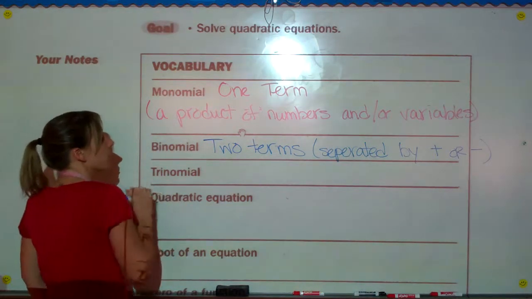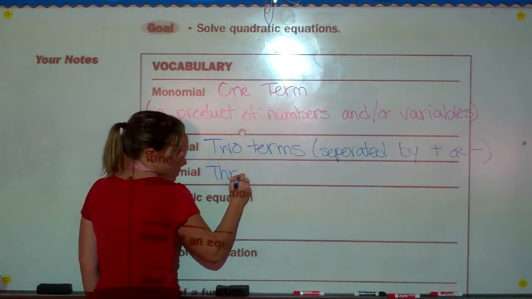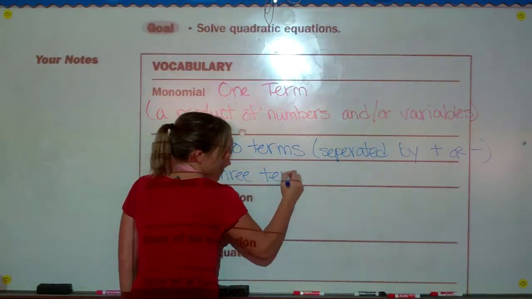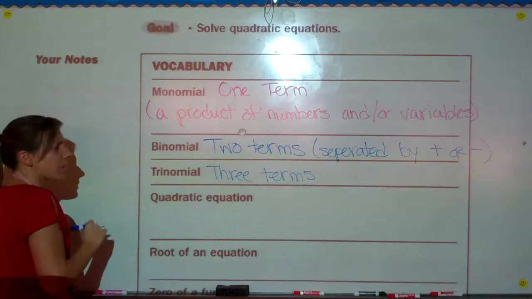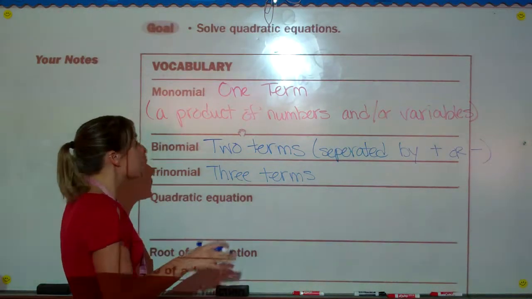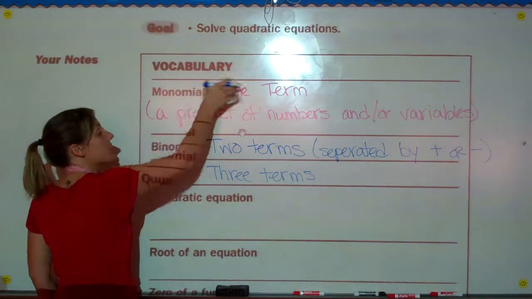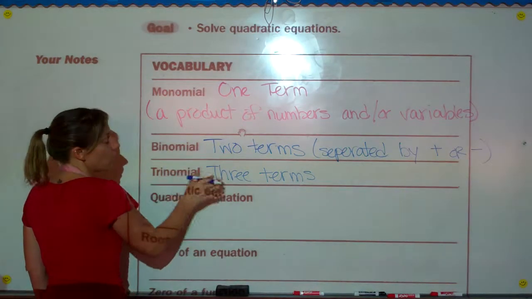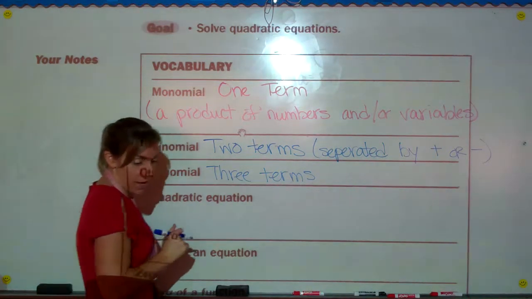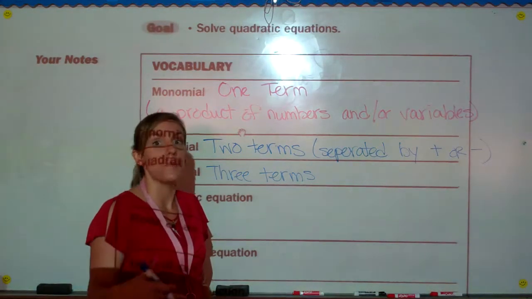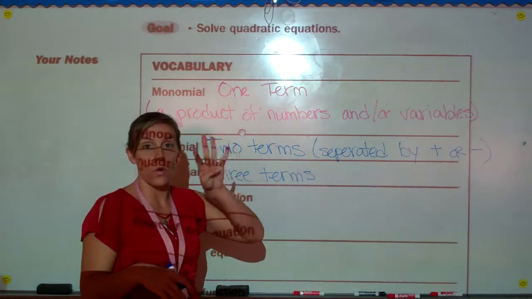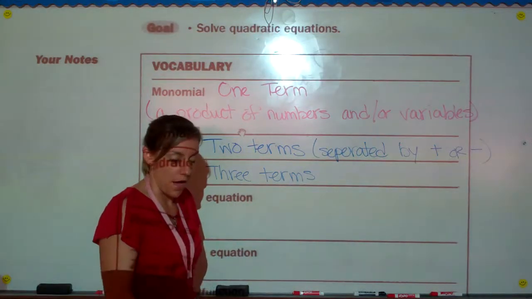And then trinomial we know means three, so that's three terms. All right, and so we're going to talk about those. You're going to get really familiar, but just know mono means one, binomial is two, trinomial is three. Okay, and then anything after three is just a polynomial. It's just many terms. So if we've got four or more terms, we just call it a polynomial.